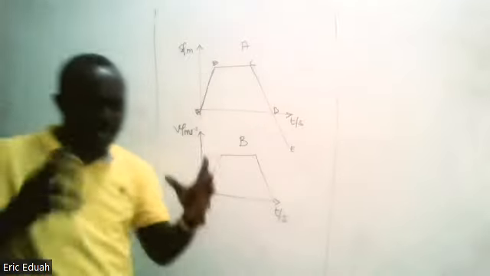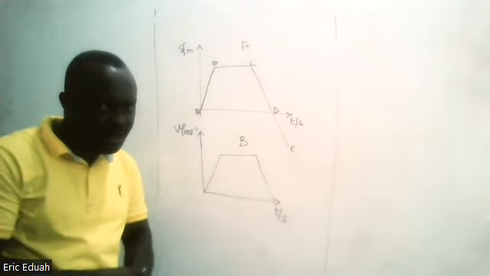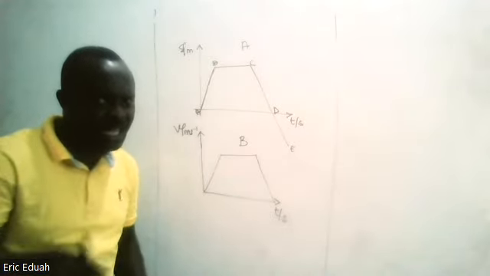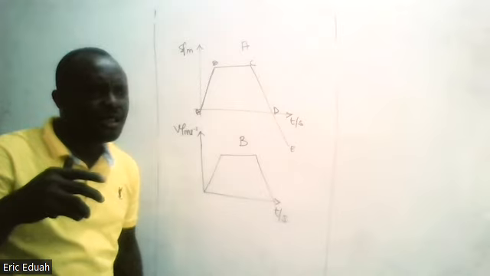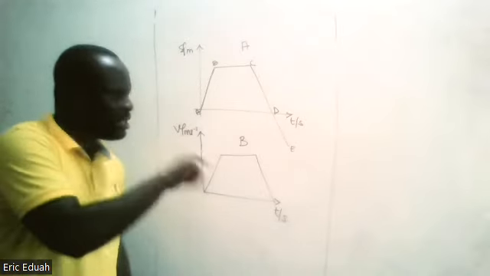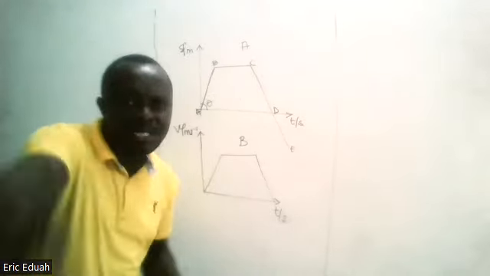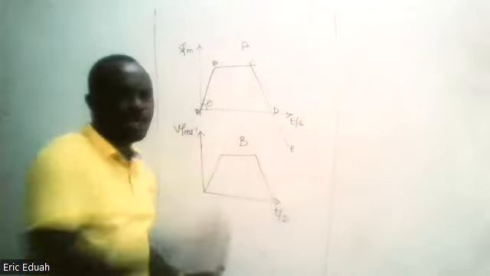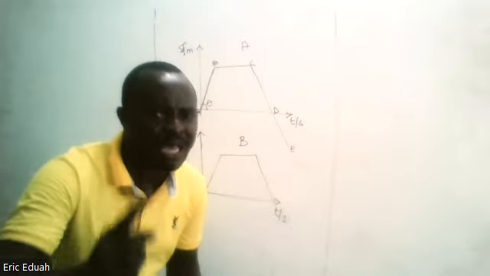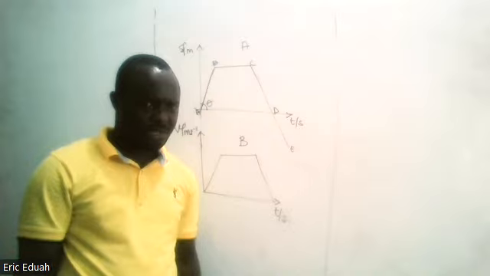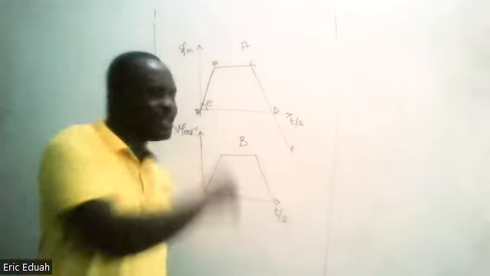There is a uniform velocity, meaning that the body moves with constant velocity, because this angle theta is constant. Within the interval from A to B, the body covers equal distances within equal time intervals. And that is why we have a constant or uniform velocity from A to B.